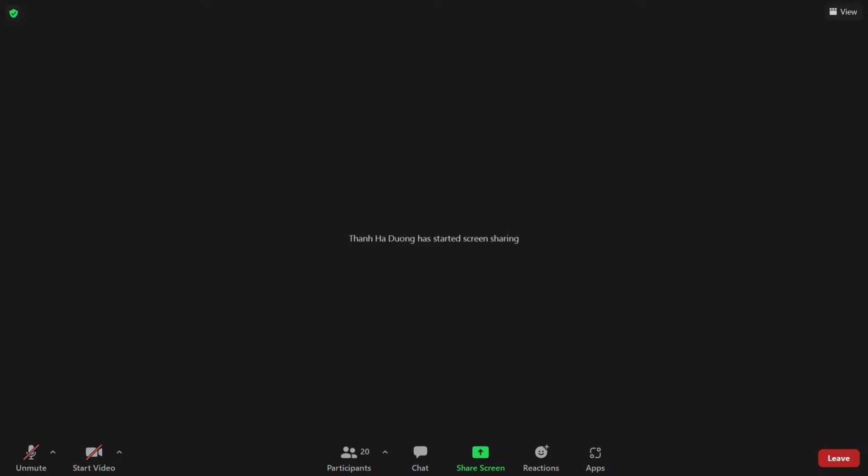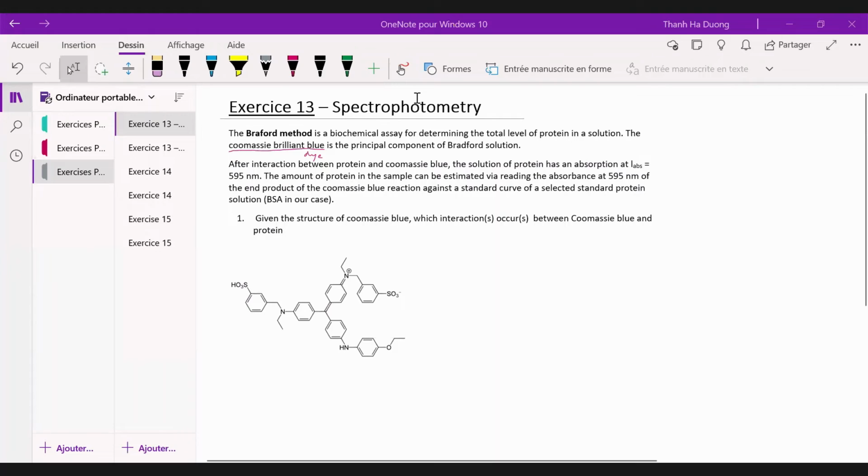Okay. So it's easier to work in the visible region than in the UV region. That's why we use a dye, because proteins are usually colorless.